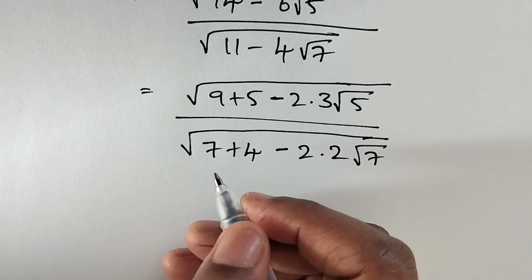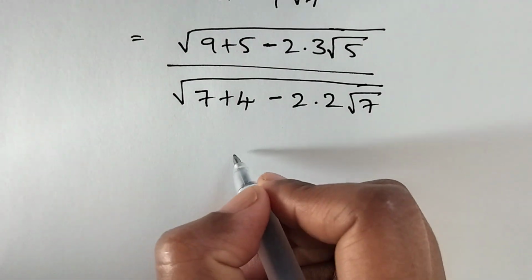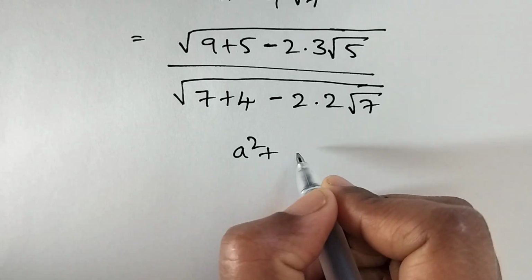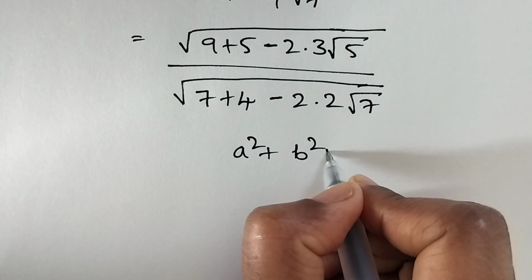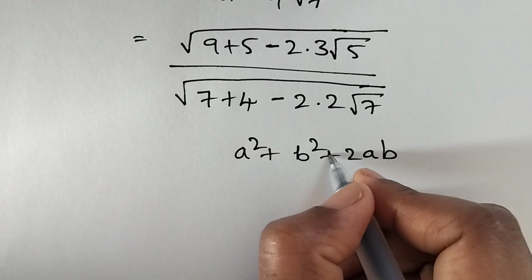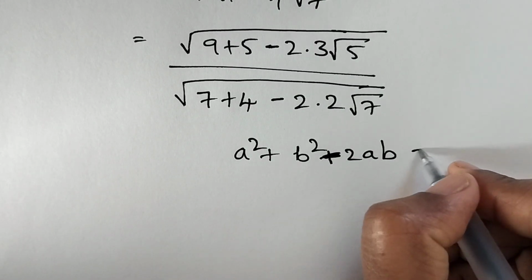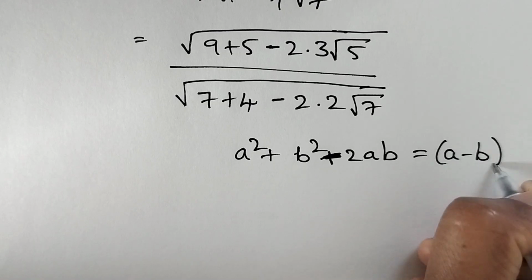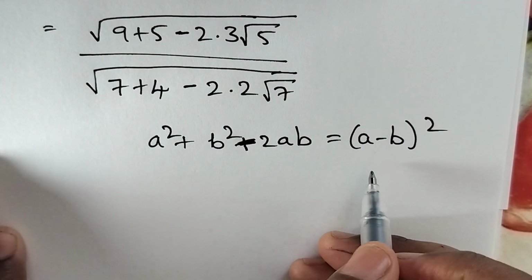So now, a square plus b square minus 2ab is equal to a minus b whole square. We know this formula.